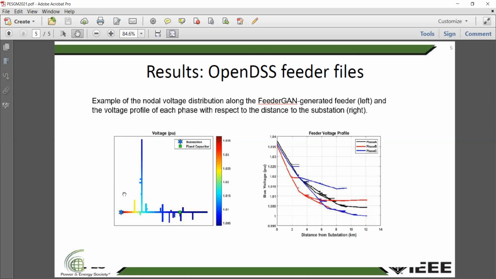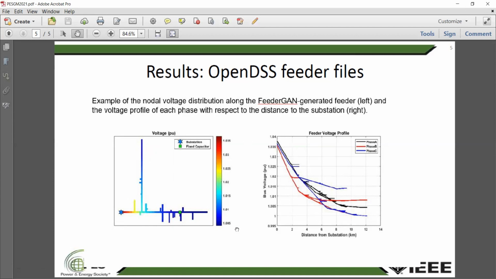In this generated one, here is the graph, the topology we generated. Here is the feeder head and the load nodes, and also here is the capacitor. The different colors represent the voltages, and on the right you can see how the voltage profile varies along the feeder with the distance from the feeder head.